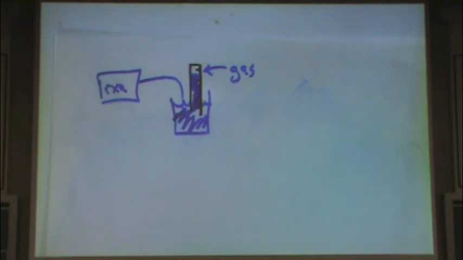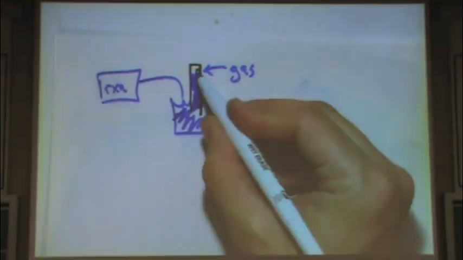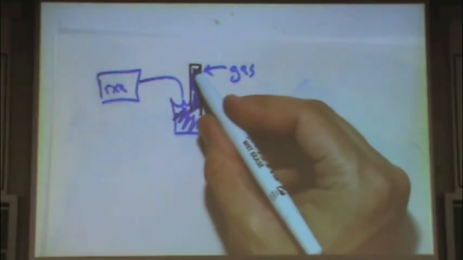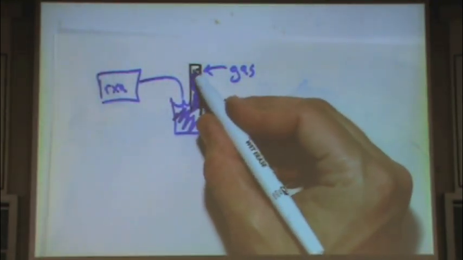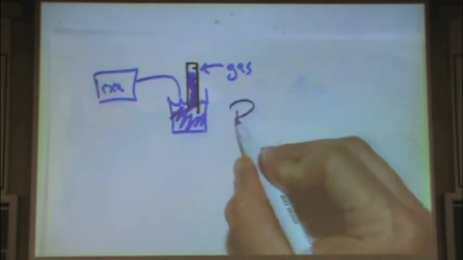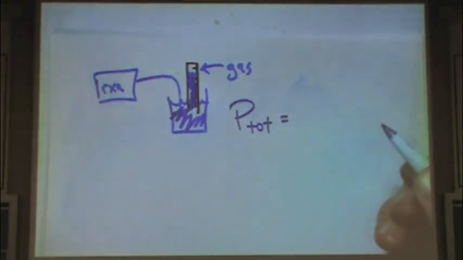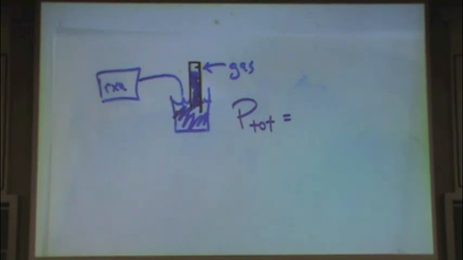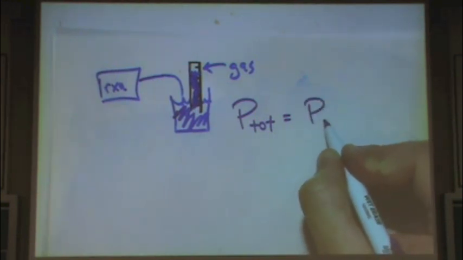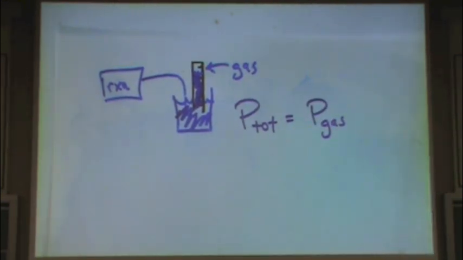Okay. So here's how the problem basically goes. We'll say the total pressure in the top where the gas is collecting, P total, equals 2 partial pressures. The partial pressure of the gas that you're collecting, that's the gas that's being reacted, that's coming out, and there's one more gas in that upper part of the cylinder.